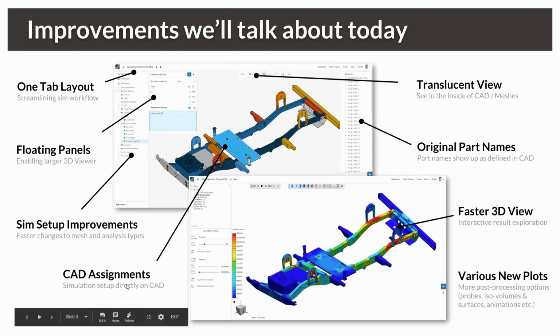CAD assignments: the CAD model serves as where I'm defining physics, and the mesh is just treated as something I can swap out easily in the background. And in the lower right, we've seen some of the much faster interrogation of post-processing results, as well as a couple of the new plot types that we've introduced.